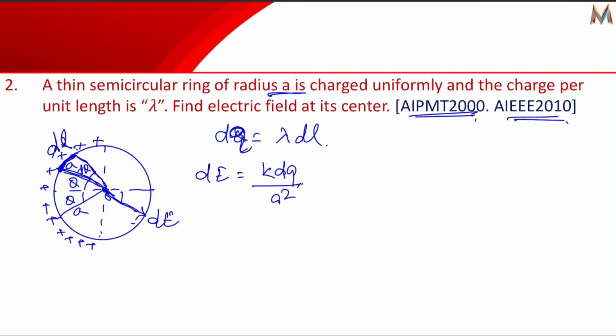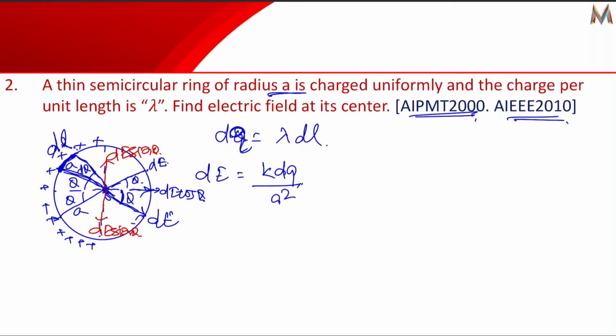Now if we resolve this electric field into two components, along this it will be dE cos theta, and in this direction it will be dE sin theta. Similarly for the other element, again dE at angle theta, with components dE cos theta and dE sin theta.